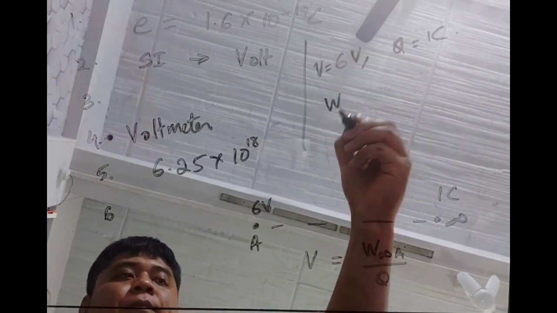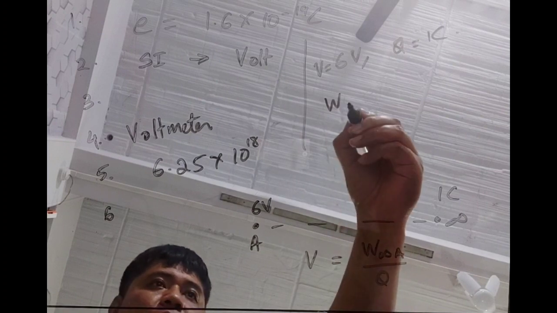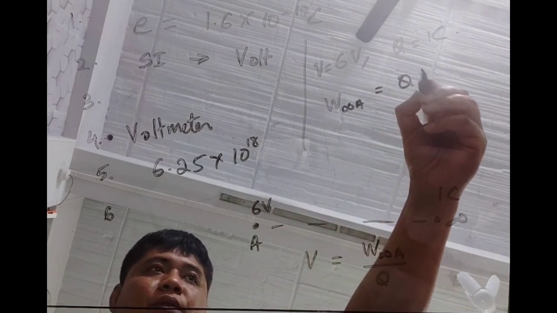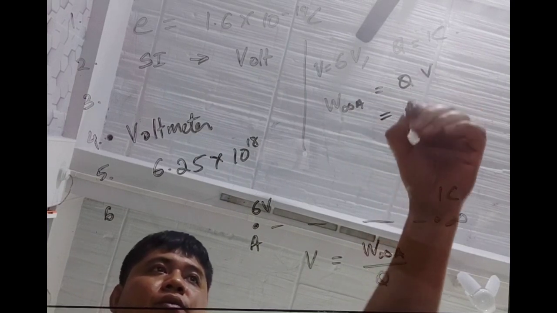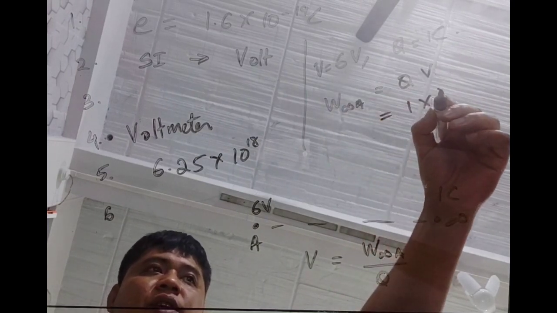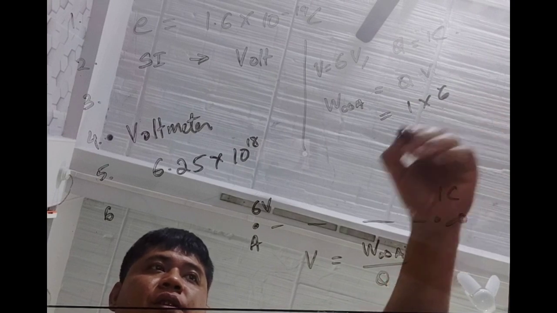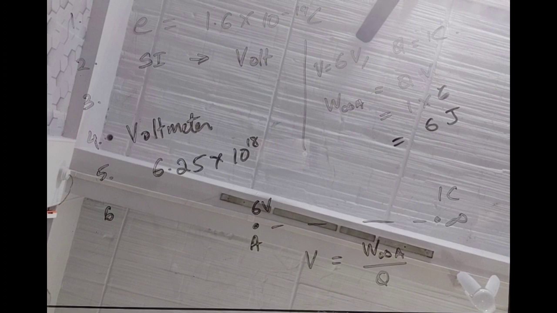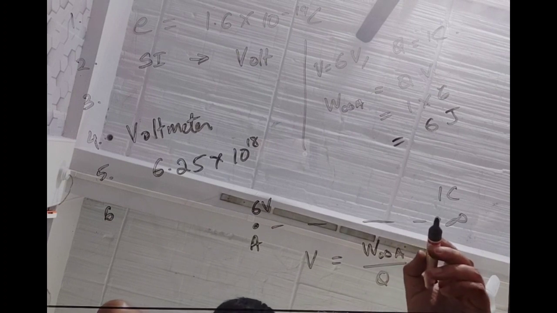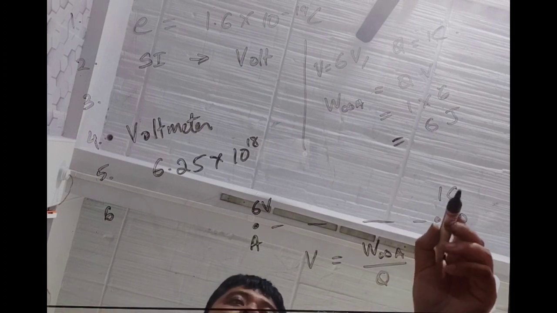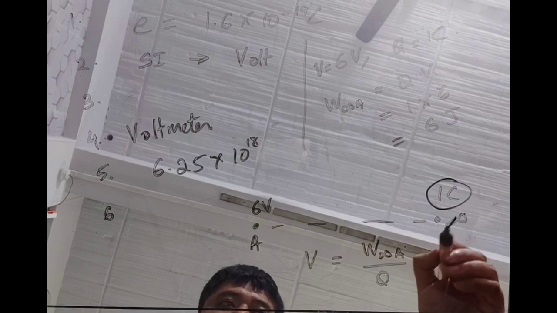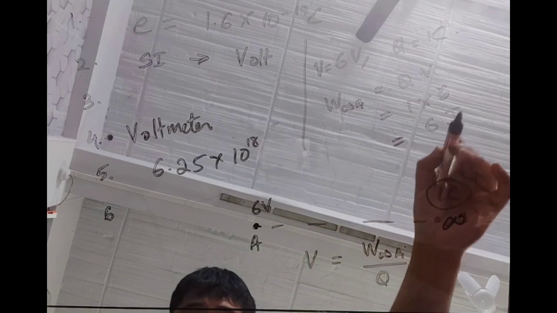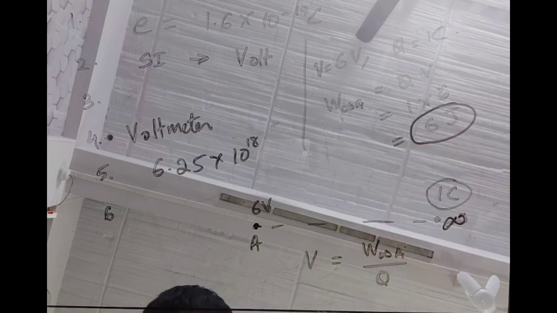Then what will be W? W infinity A will be Q into V. Q is 1 and V is 6. So it is 6 joule. So we can say that it means the amount of work done in moving one coulomb of charge from infinity to point A is 6 joule.